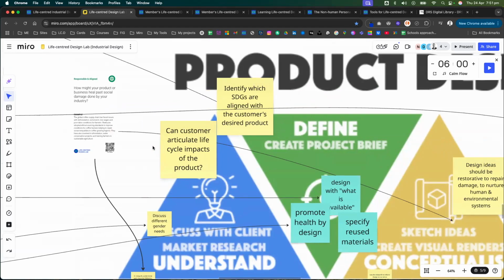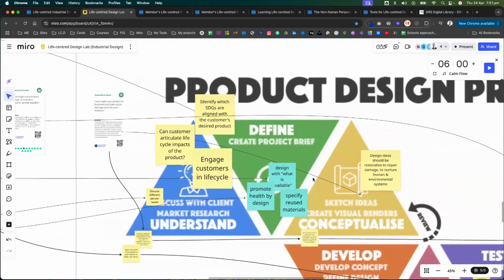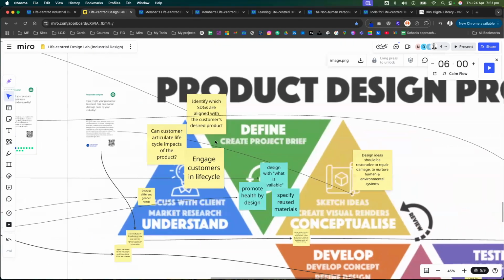Perhaps they've never thought of this, but I think getting this in their mind immediately, as a first step, helps them to understand some of the choices and design decisions we make later on in future steps. So I think it's important to discuss this right up front with the customers. Then as we move on to define, I put down that we should identify which SDGs are aligned with the customer's desired product.